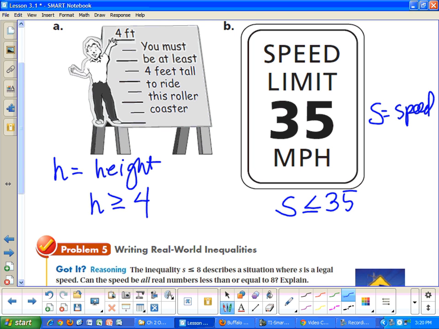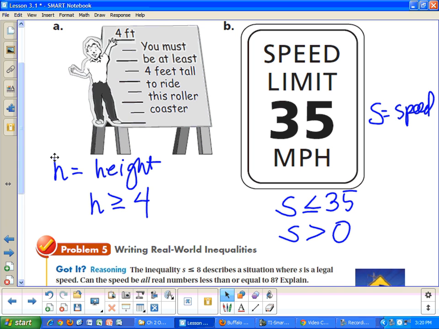But that inequality would include numbers like -50, which are impossible speeds. And I don't think a speed of 0 would work either, because it's not legal to just be sitting in the middle of the road stopped. So we also have another inequality here, that your speed should be greater than 0.